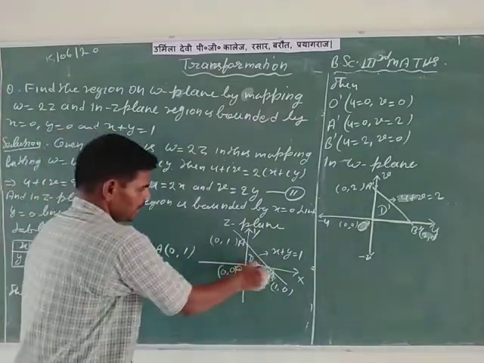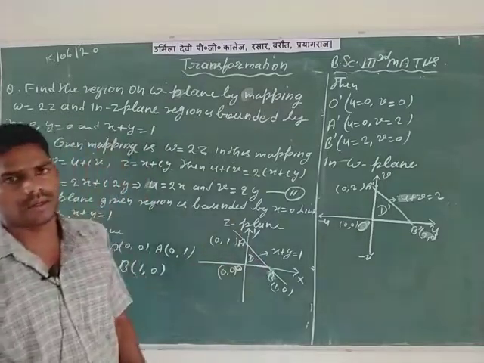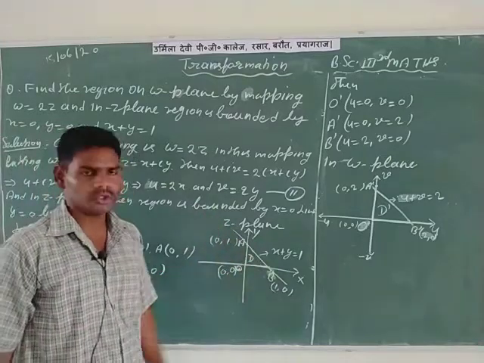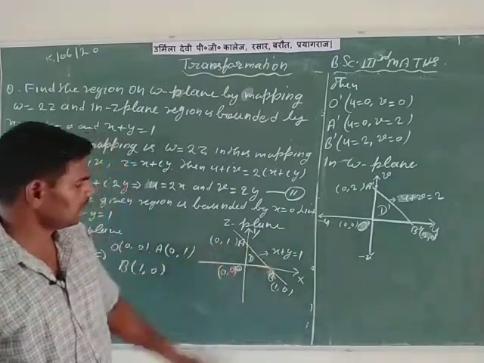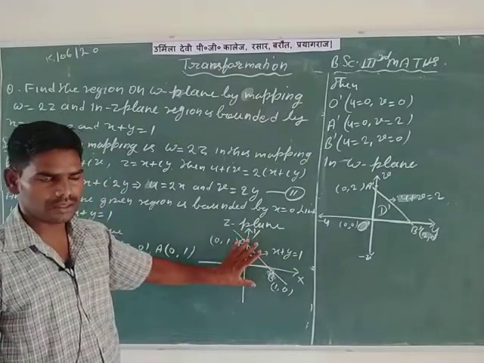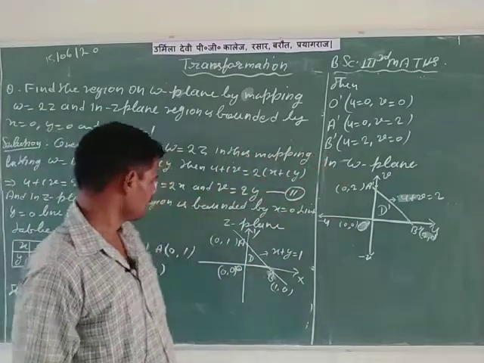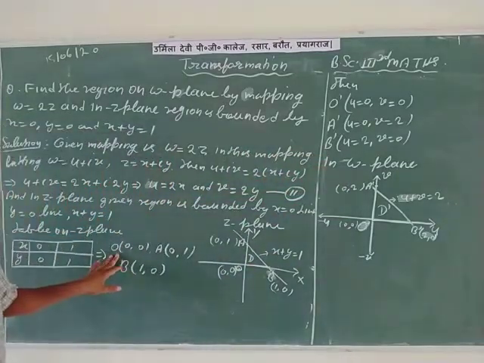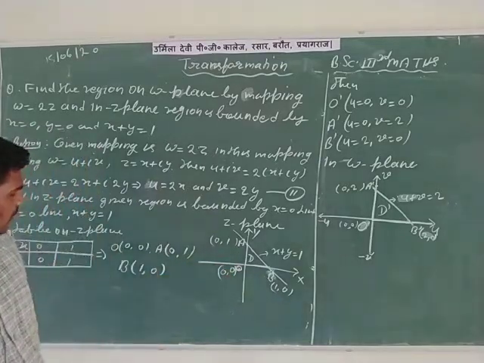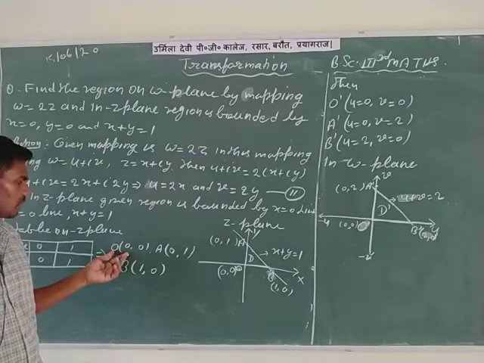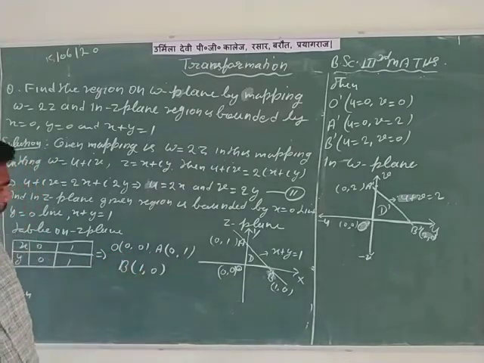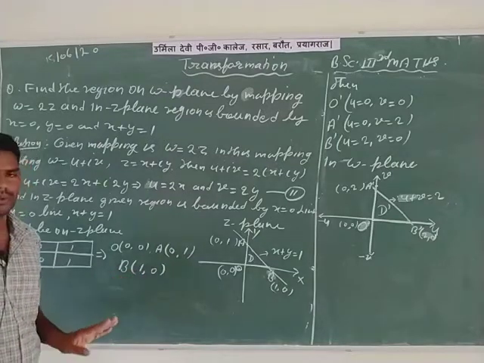Its bounded region is called the region on the Z plane, bounded by the given conditions, and is denoted by capital D. For the image of this D region on the W plane, first consider the points O, A, B. From the figure, the coordinates of point O are 0, 0, of point A are 0, 1, and of point B are 1, 0.